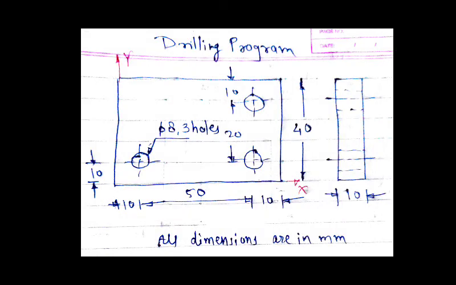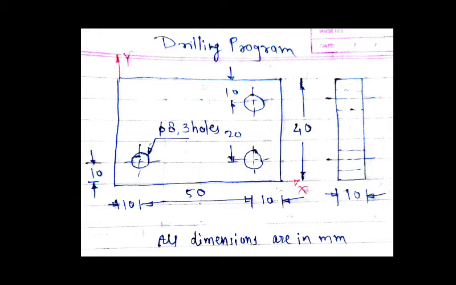That means the tool moves to this position. Here the initial point is X minus 5, Y0, Z3. Z3 means it is 3 mm above the workpiece.